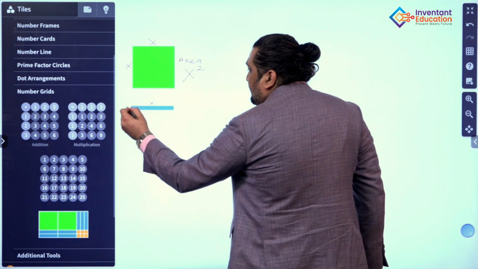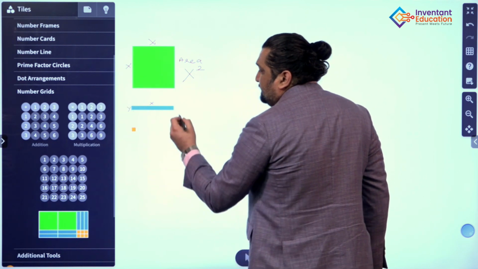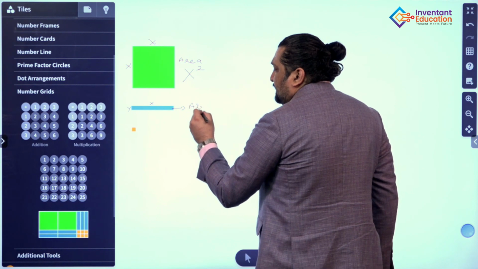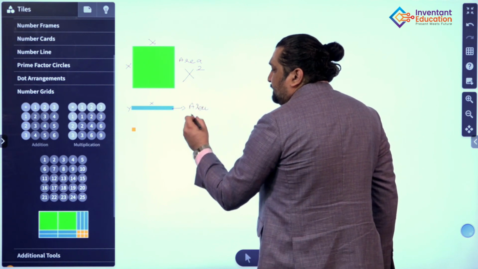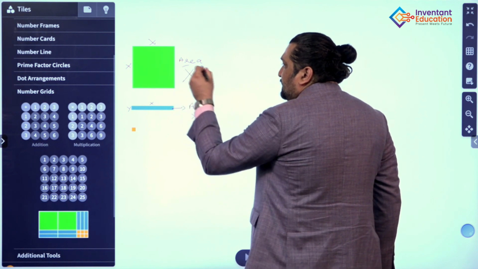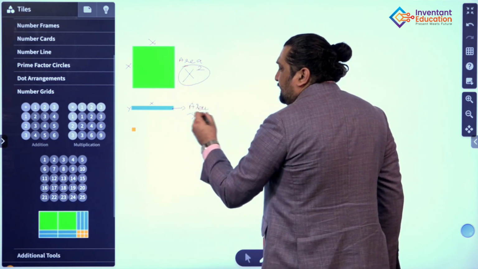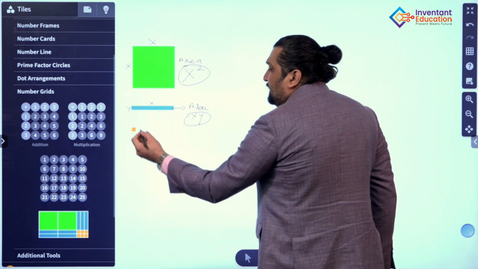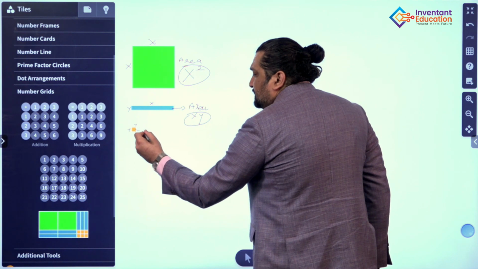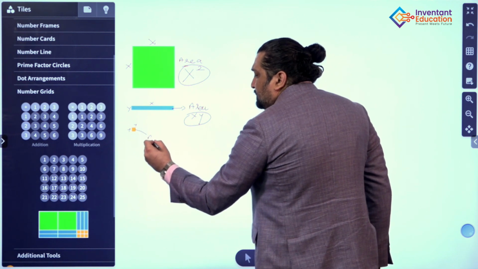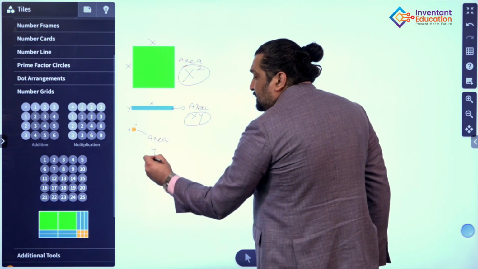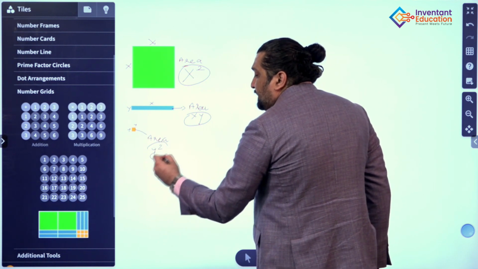Let us say its width is y units. So the area of this rectangular strip should be xy. So here the area is x square, the area of this rectangle is xy, and this looks like a small square whose sides are y. So the area of this small square should be y square.